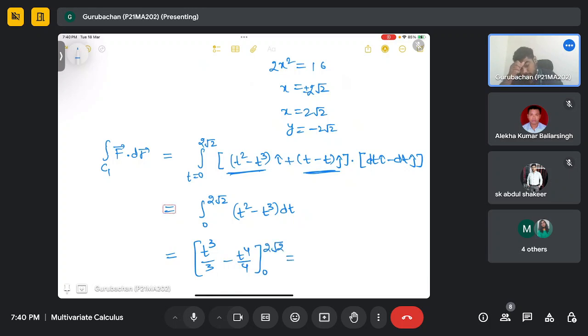This will give us 16 under root 2 divided by 3 minus 2 to the 4, that is 16, 16 into 4 is 64, divided by 4, that is minus 16. I hope till here everybody is clear.